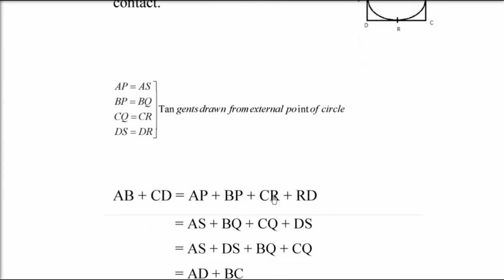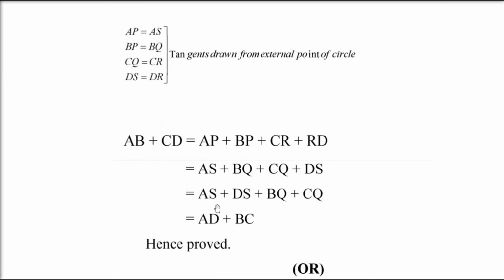Now what we have written just now, the equalities, we'll transfer here. AP and AS are equal, so write AP as AS. BP and BQ are equal, so in place of BP write BQ. CR and CQ are equal, put CQ here. RD and DS are equal, so write DS in place of RD.